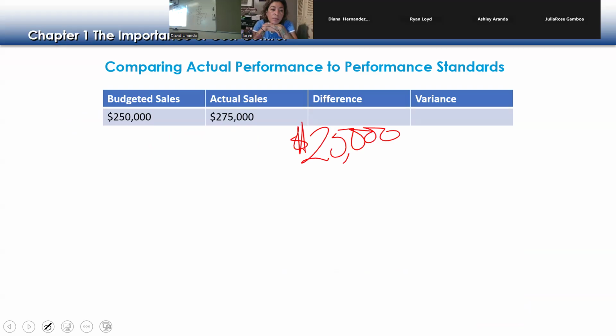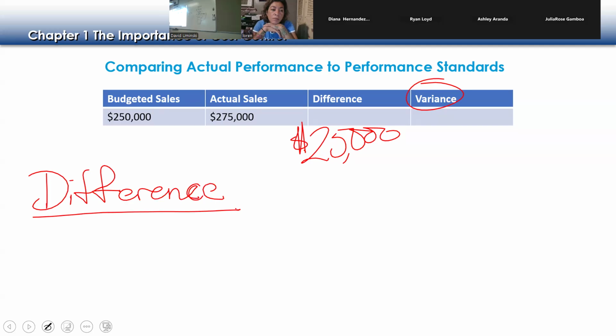And then to get this variance, we're going to take the difference and divide by the budgeted number. We're going to divide by that budgeted number. So again, this is the part, $25,000, and the budget is where we wanted to be.